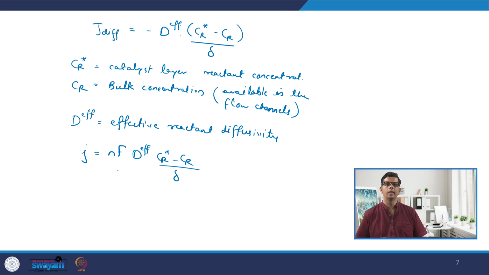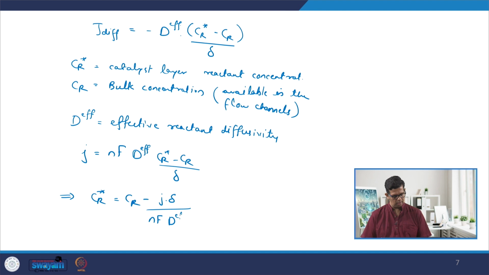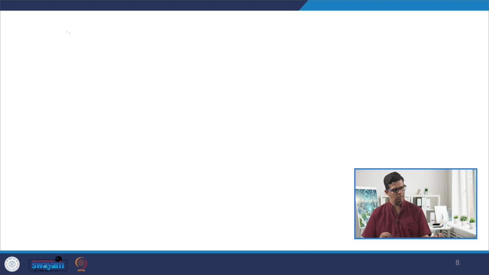That is because the negative sign merely signifies that as and when we draw more and more current, the Cr star basically decreases with respect to Cr, or in other words, this diffusion layer also changes accordingly. So, I can write this up in the form of Cr star is Cr minus J times delta divided by nF D effective.